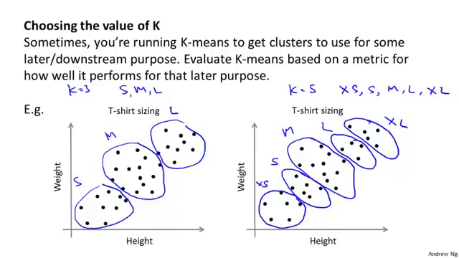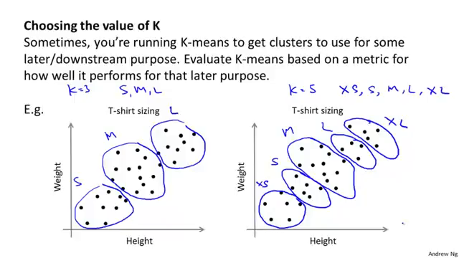What really makes sense from the perspective of the t-shirt business in terms of whether I want to have more t-shirt sizes so that my t-shirts fit my customers better, or do I want to have fewer t-shirt sizes so that I make fewer sizes of t-shirts and I can sell them to the customers more cheaply. And so it's the t-shirt selling business that might give you a way to decide between 3 clusters versus 5 clusters. So that gives you an example of how a later downstream purpose, like the problem of deciding what t-shirts to manufacture, can give you an evaluation metric for choosing the number of clusters.